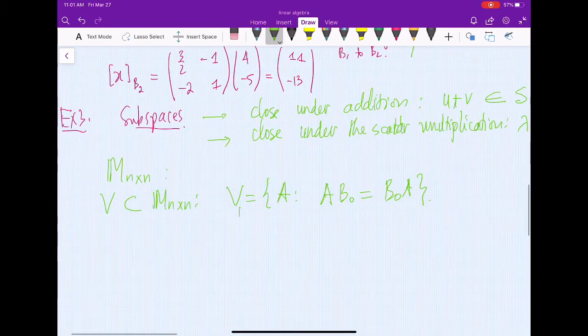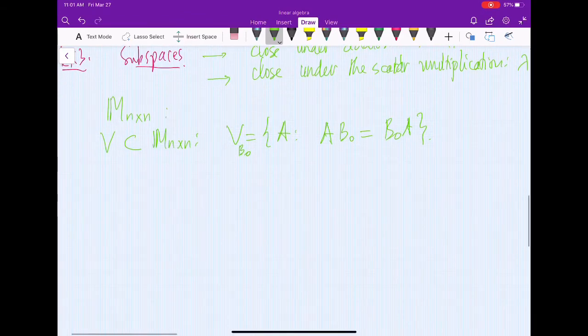Or I can write here V(B0). It means they give you a matrix B0 and they consider the set V(B0) which contains all matrices A that commute with B0. And you need to check if this is a subspace or not. Okay?